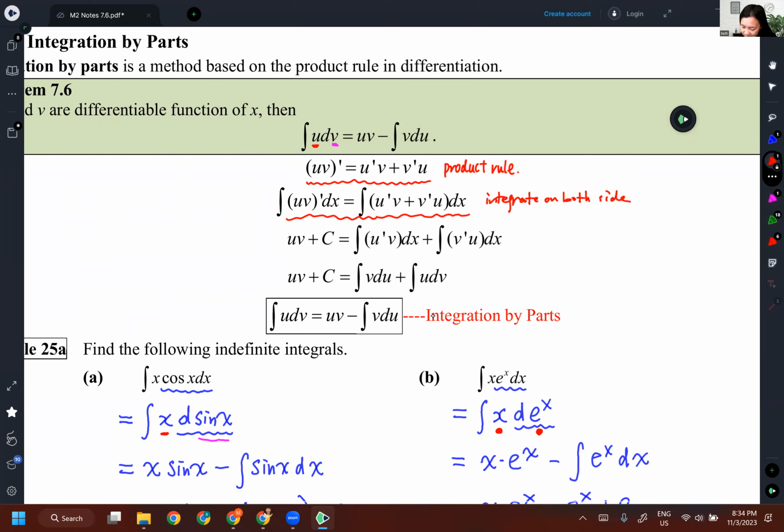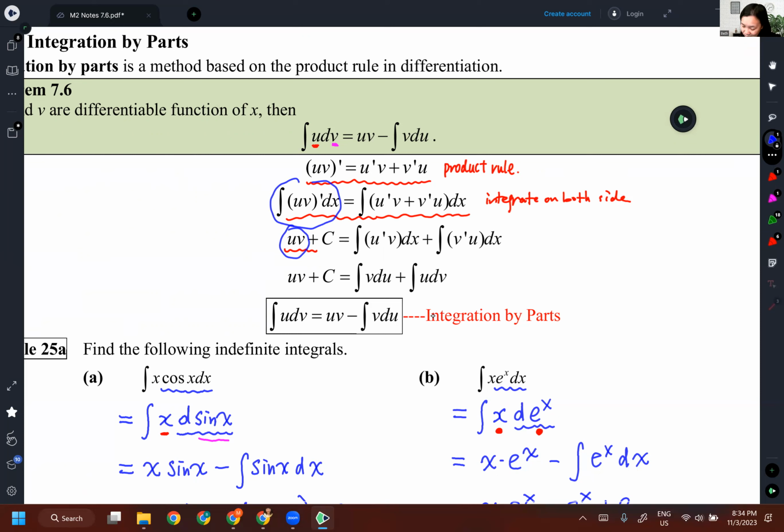Now on the left, I need to circle this. This one equals this one. I think you need to understand why, because it's differentiate and then integrate. That will give the original function itself. Look closely: UV differentiation and then integration, that's UV itself.